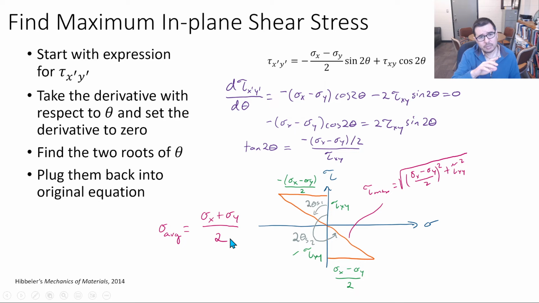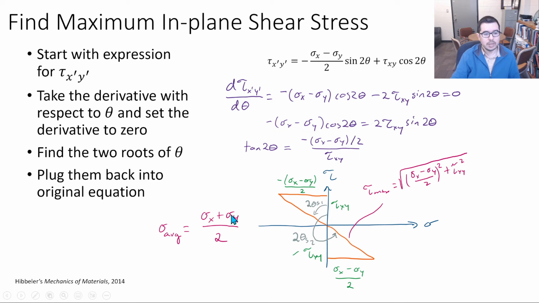In many cases, this average is not 0. But in the case of pure shear, which we discussed previously, there is the potential to have 0 normal stress when you have maximum shear stress. That came out in question 18.3 in the previous portion.